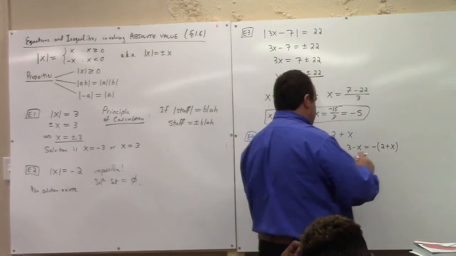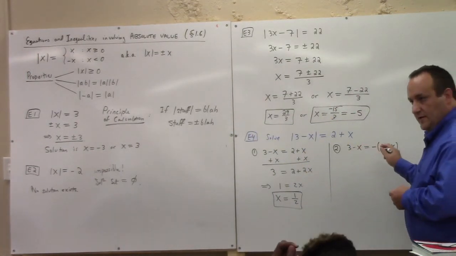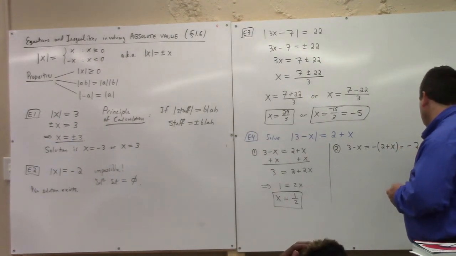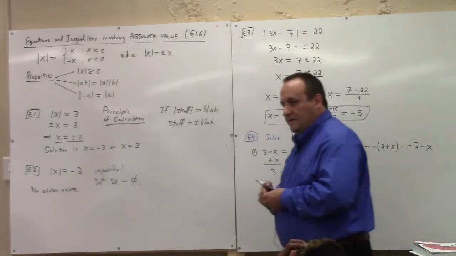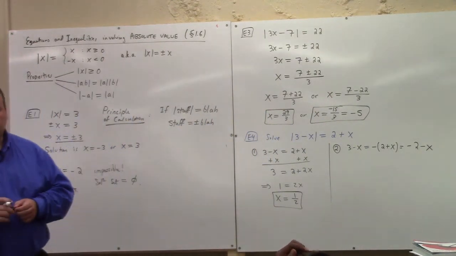Well, a starting move I'm going to make here is to distribute that minus. That's minus 2 minus x. Careful about that. That's a common place to make a mistake, when you have a negative, not distributing it through.